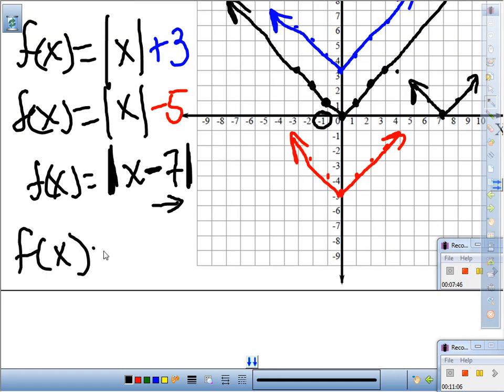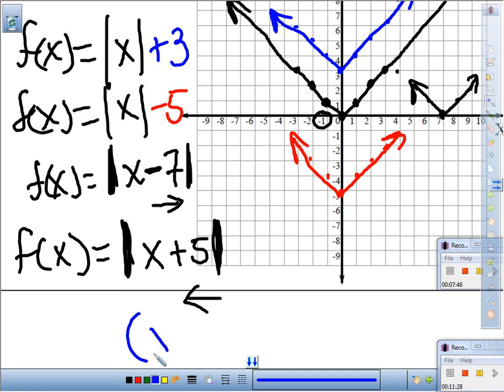F of x equals absolute value x plus 5. Tell your neighbor what happens to that. It moves to the left. Now, some of you get confused, Mr. Q, I don't understand this part. Okay, remember our original formula has parentheses x minus h plus k.